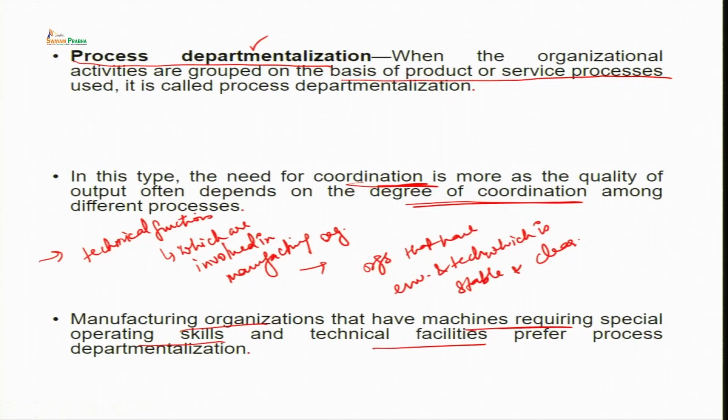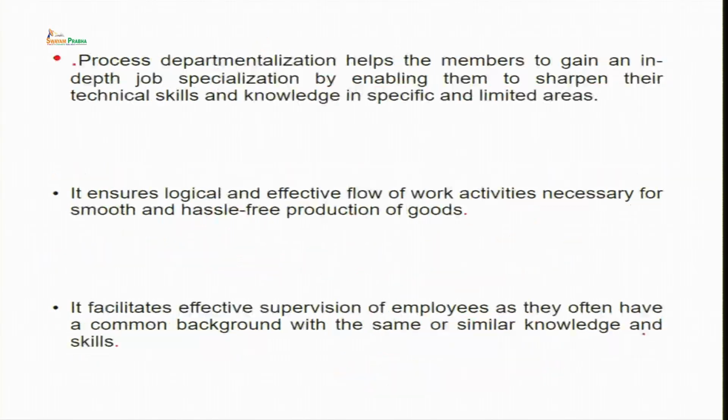So, a typical example of this kind of department is a sugar manufacturing company. As they are doing the cleansing, grinding, juicing, clarifying, evaporation and crystallization processes, and also other processes like refining, separation and packaging, etc. So, such manufacturing industries which have operating skills and technical facilities go for process departmentalization.